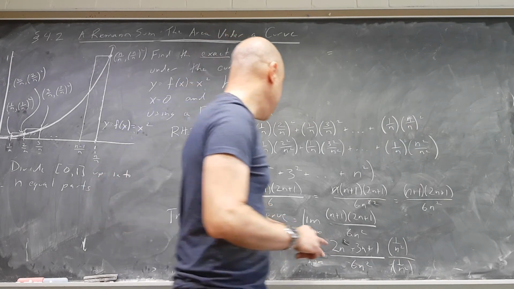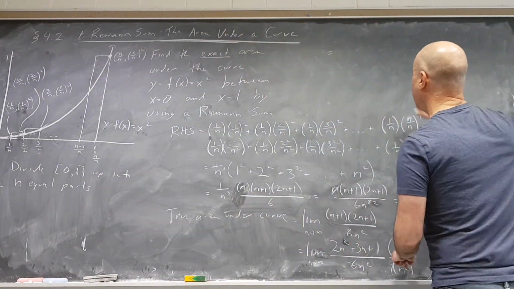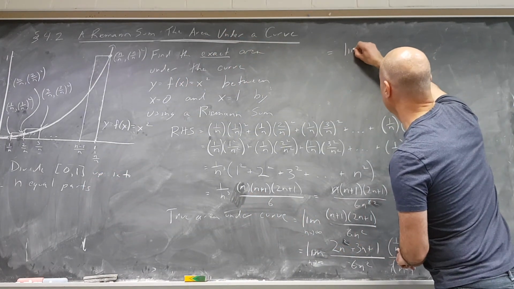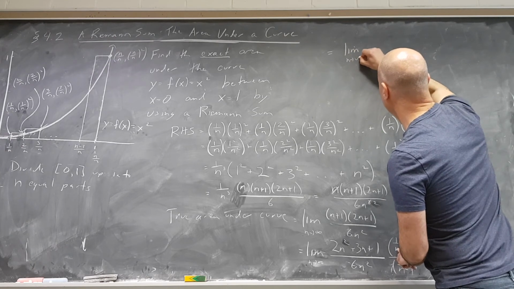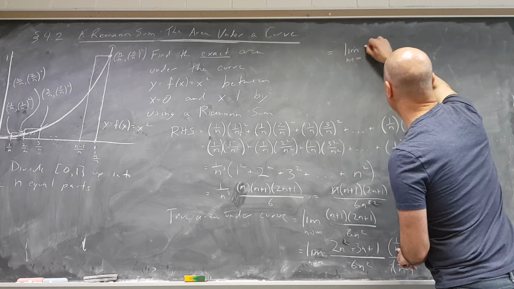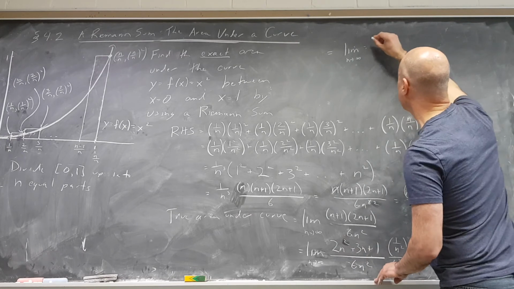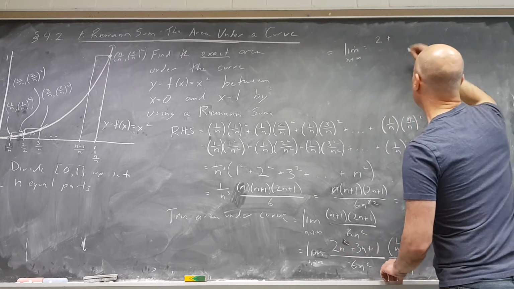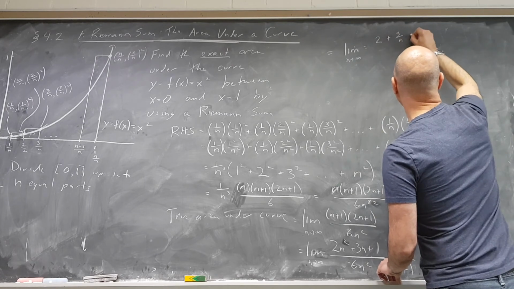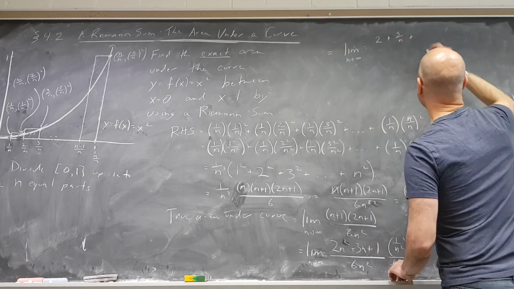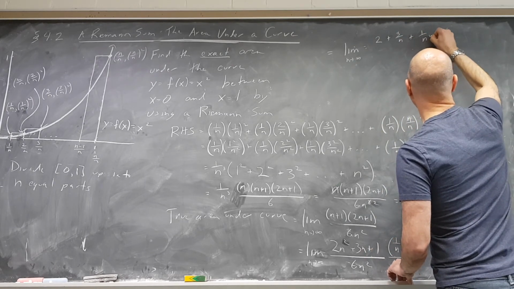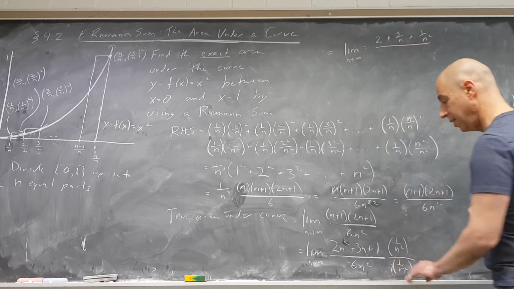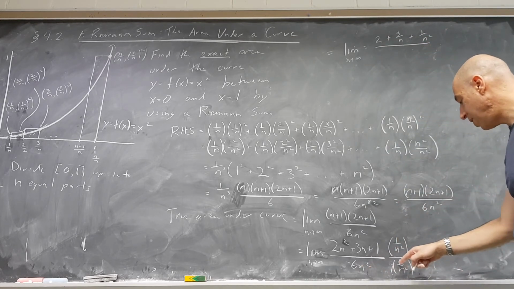And if I do that, 2n squared times 1 over n squared is 2. 3n times 1 over n squared is 3 over n. And 1 times 1 over n squared is 1 over n squared, of course. That's what I have on top. And on the bottom, I have 6n squared times 1 over n squared.